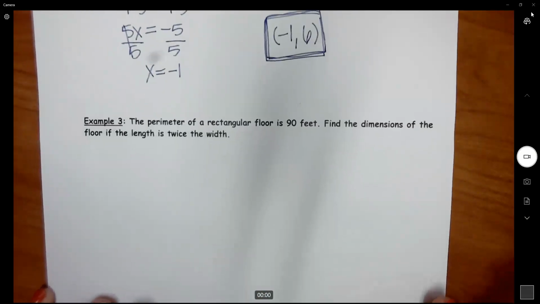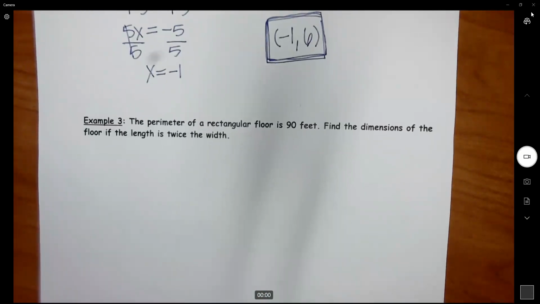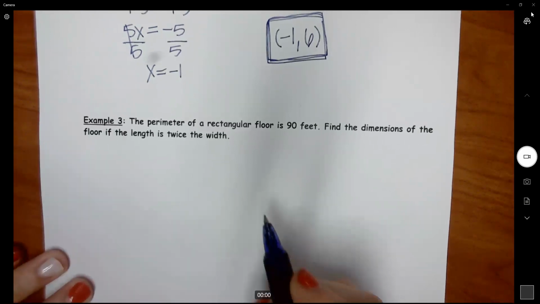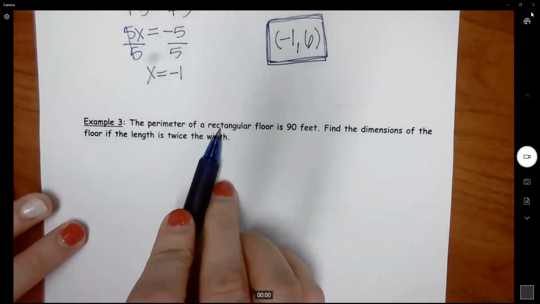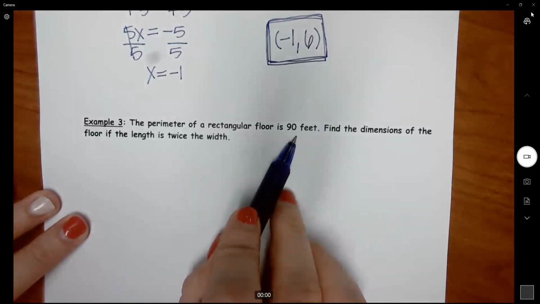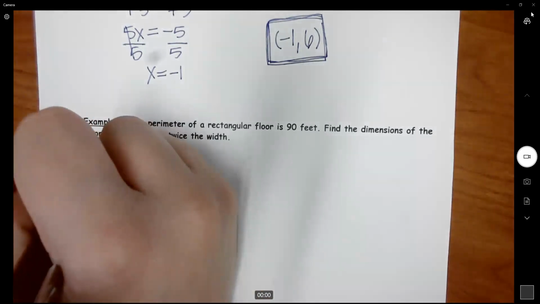Let's do an application problem. The perimeter of a rectangular floor is 90 feet. Find the dimensions of the floor if the length is twice the width. So I have a rectangular floor, and we're talking about perimeter.